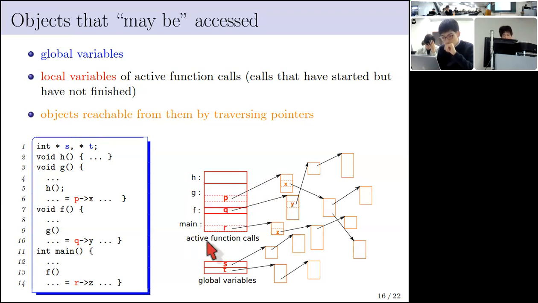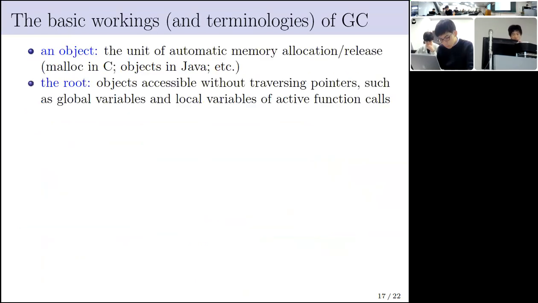And the root is either local variables of currently active function calls, or global variables. These are roots. And those objects that can be reachable from the root by traversing one or more pointers or references are assumed to be used in future. So this is basically how the GC works.